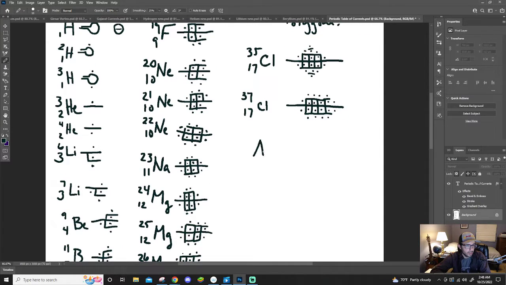So we're going to see 36. So it's basically the same structure, just with another eddy in there of this one. I'll just draw it like that.